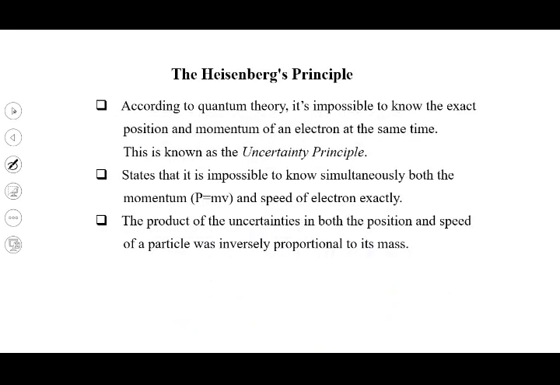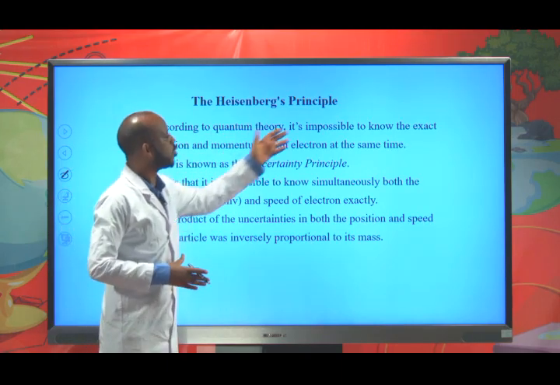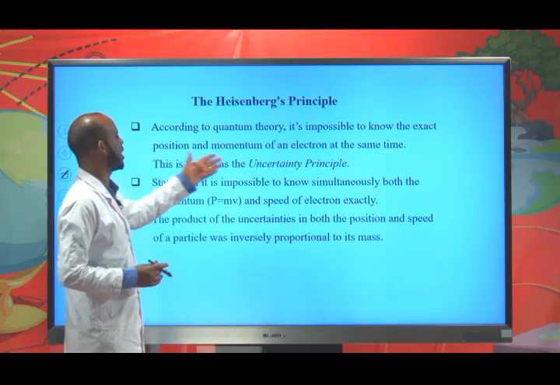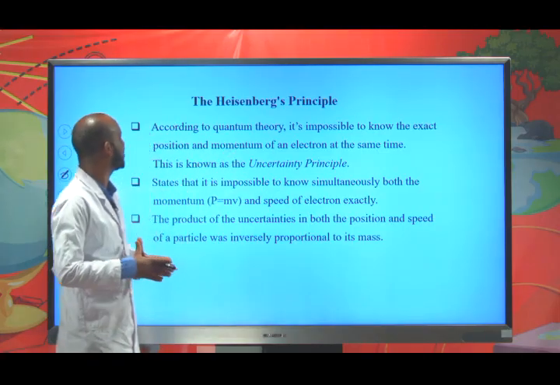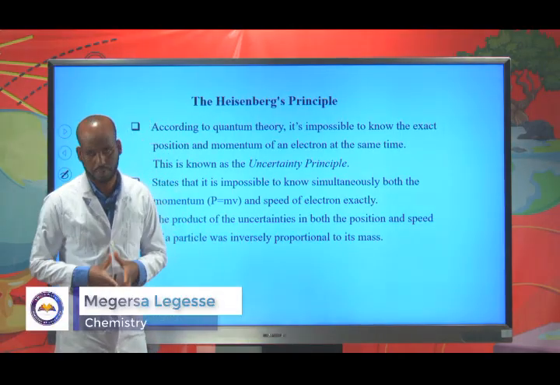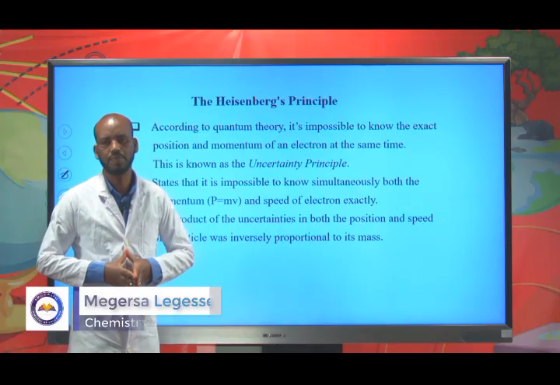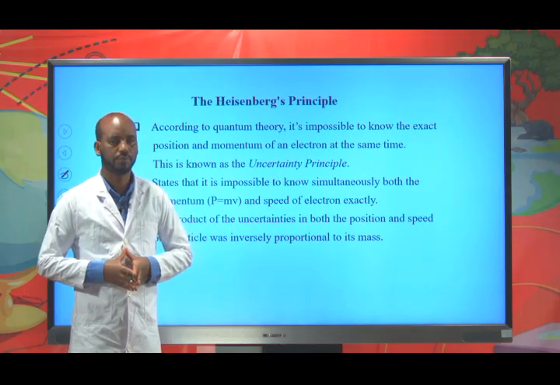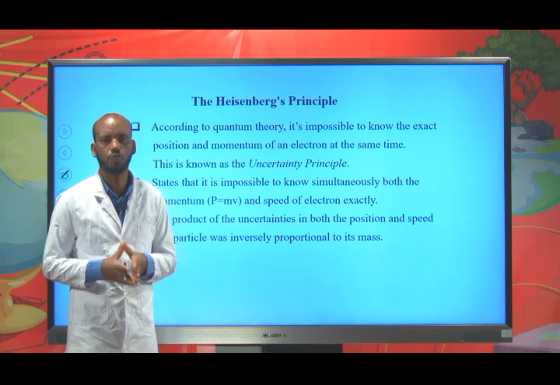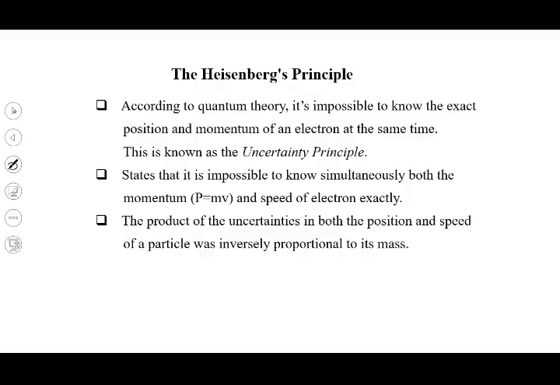The Heisenberg's uncertainty principle. According to quantum theory, it is impossible to know the exact position and momentum of an electron at the same time. This is known as the uncertainty principle. According to the uncertainty principle, it is impossible to know both position and momentum of an electron simultaneously.